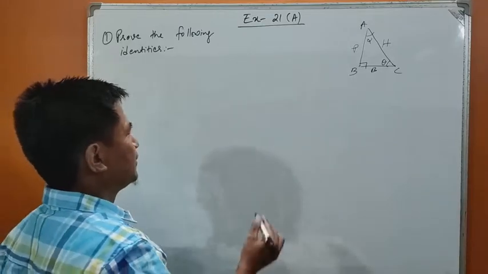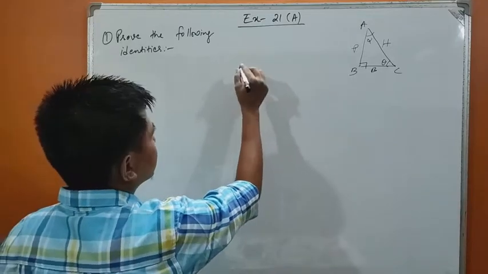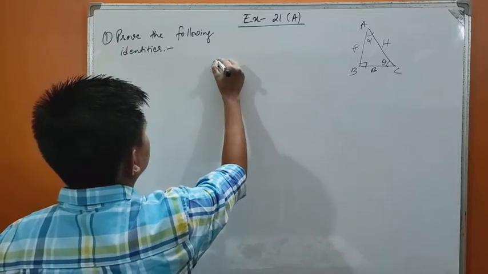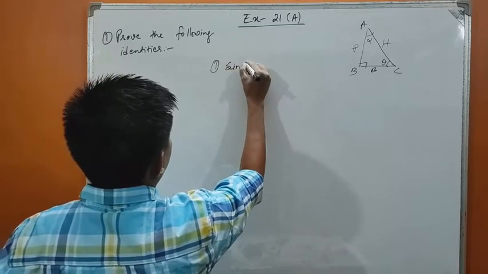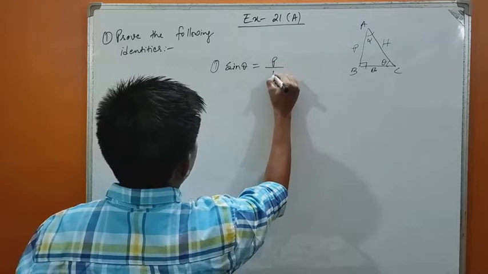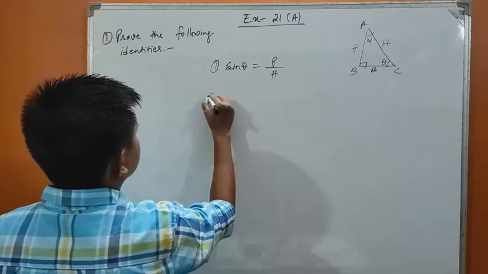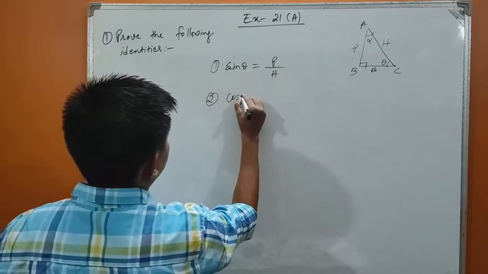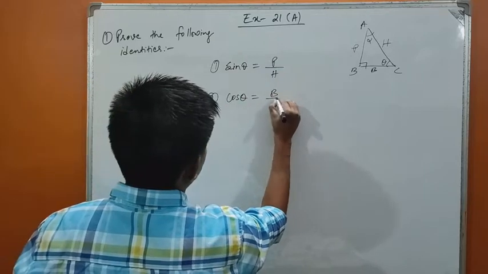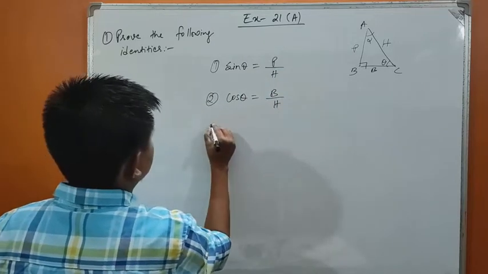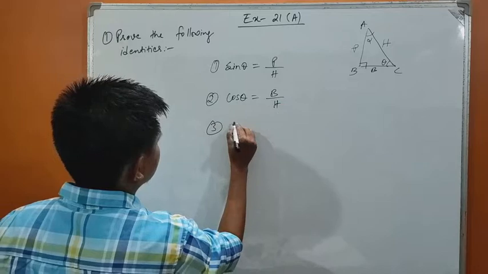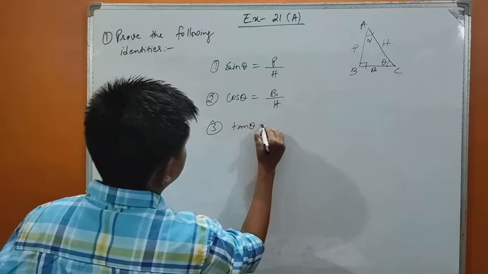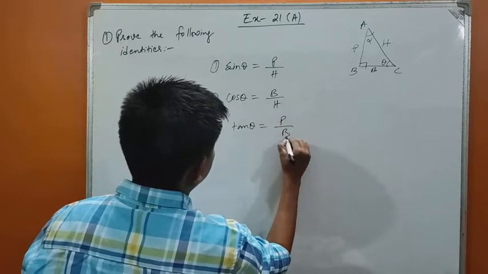So let us start writing the formula that will be helpful. Number one is sine theta equal to perpendicular upon hypotenuse. Number two is cos theta equal to base upon hypotenuse. Number three is tan theta equal to perpendicular upon base.